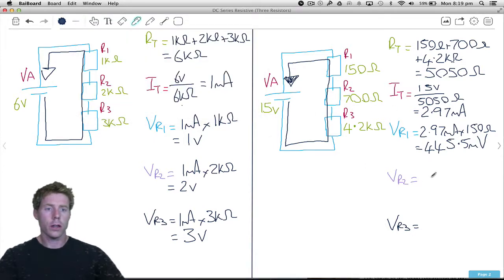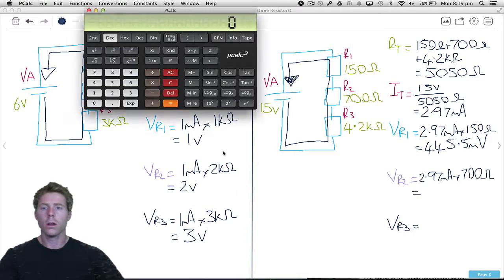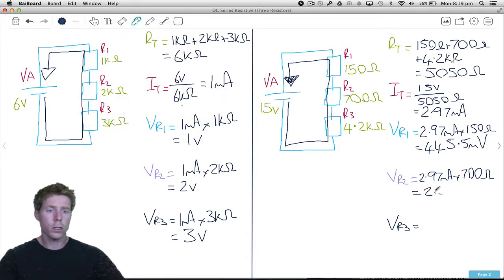So let's check that out. We've got the same amount of current, 2.97 milliamps, 700 ohms this time. 2.97 exponential negative 3 multiplied by 700 ohms. 2.08 we would round that to. 2.08 volts. And finally VR3, the biggest one of all, at 4,200 ohms or 4.2K.